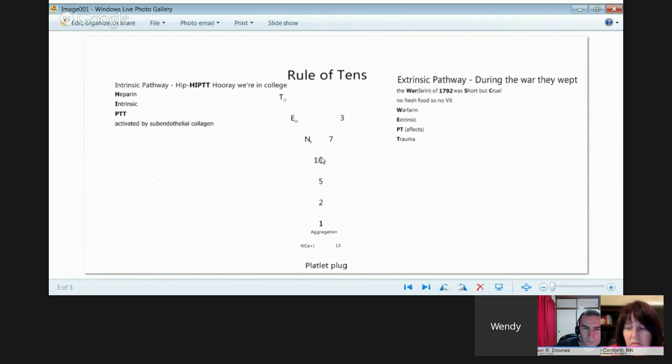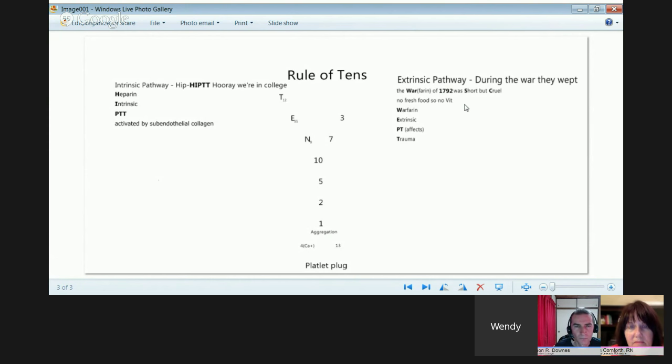Okay, so let's talk a little bit about intrinsic and extrinsic. Let's do the extrinsic first. It's the one on the right side. Extrinsic pathway. My mnemonic is "during the war they wept." War is for warfarin. I have 1792 because it's like 1492, Columbus sailed the ocean blue.